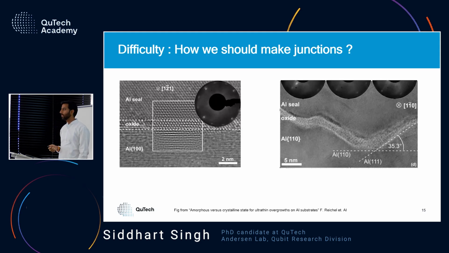But with the method which we are using, which is electron beam evaporation, your aluminum atoms are not coming in a layered manner. What happens is more like this. You are getting chunks of aluminum flying onto the chip, and then the boundaries between different aluminum portions are not very crystalline, and your oxide growth is very amorphous.